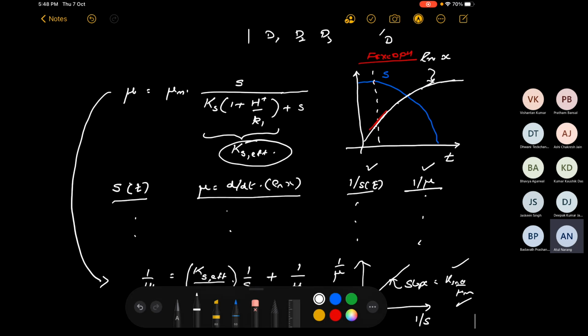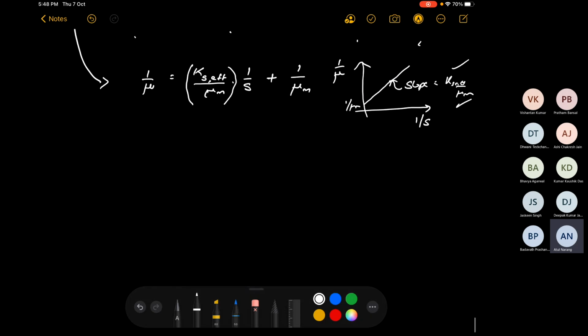Now this entire thing was done at a fixed pH. So you can do it at various pH values: one pH, second pH, third pH, fourth pH. Each experiment will allow you to find the Ks effective for that data, for that pH.